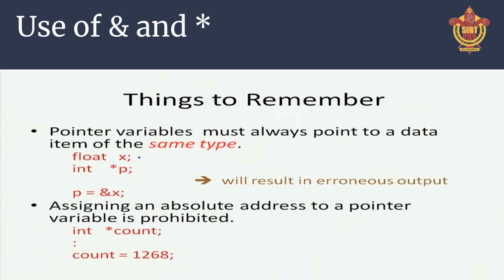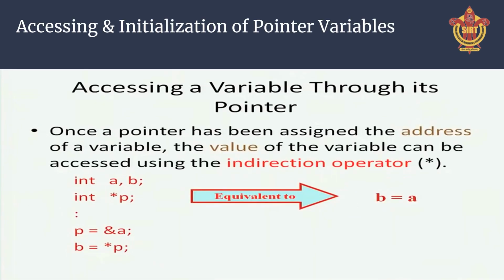We cannot use any constant value like this. So these two things are very important while initializing pointers. In the next slide we will learn how to access the variables through their pointers.